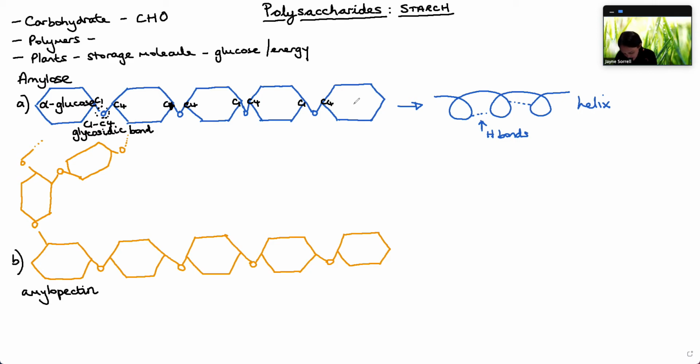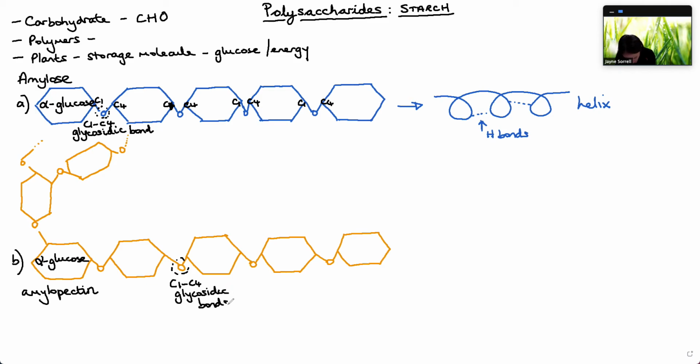Okay, so that's amylose. So let's take a look at amylopectin. Now, amylopectin has a very similar structure along this straight chain. If you look at this straight chain down there, what you'll see again is alpha glucose molecules joined together by carbon 1 to carbon 4 glycosidic bonds.